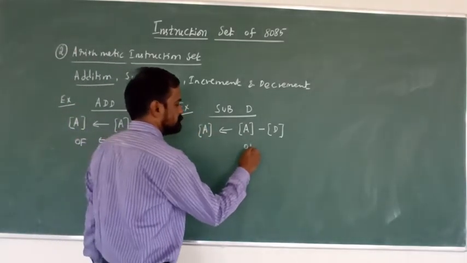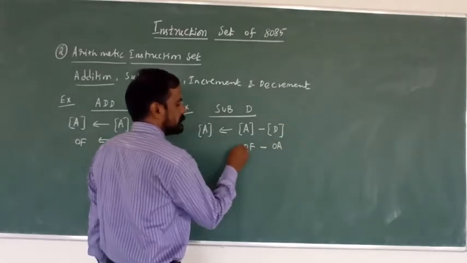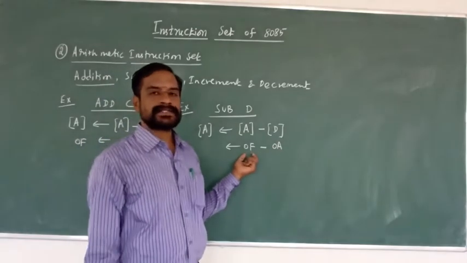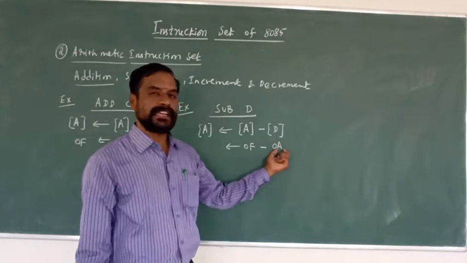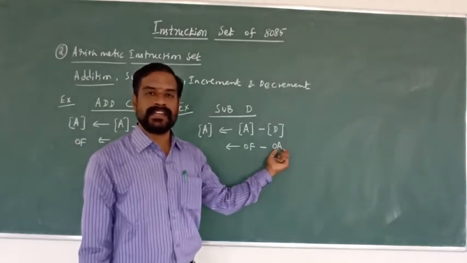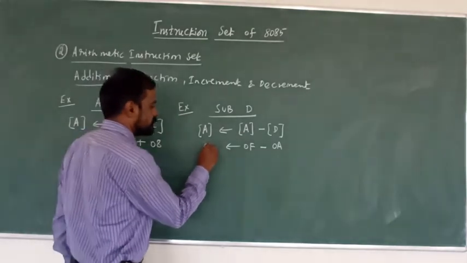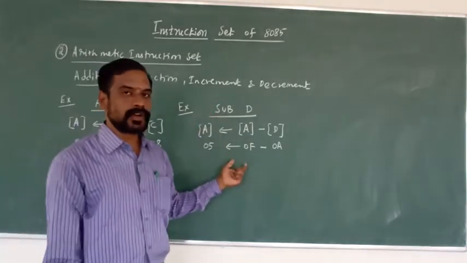Accumulator 0F and D register 0A. Now to subtract these two, 0F in corresponding decimal value is 15 and 0A is decimal value 10. 15 minus 10 is 5. Now the result 05 is in A register. This is the subtraction concept.